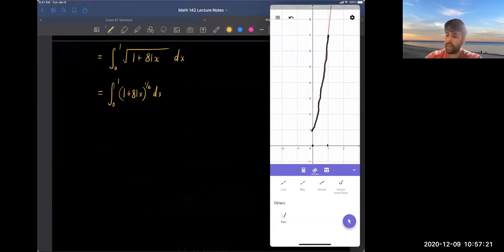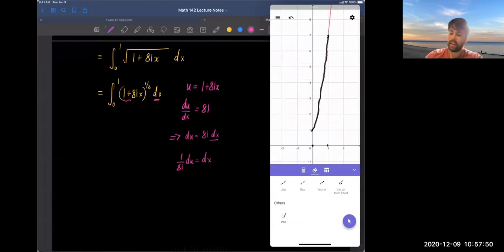I'm going to set this whole thing as 1 plus 81x, because then I can do what? du/dx is equal to 81. And then I can write this as du is equal to 81 dx. I don't have an 81, but I do have a dx here. So I would solve for dx, and I get 1 over 81 du equals dx.